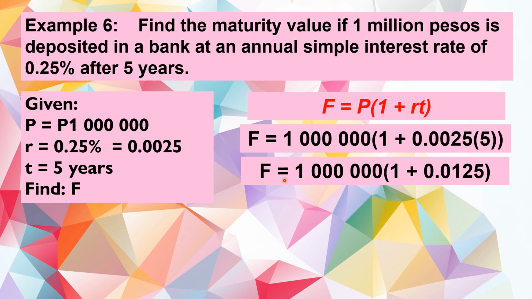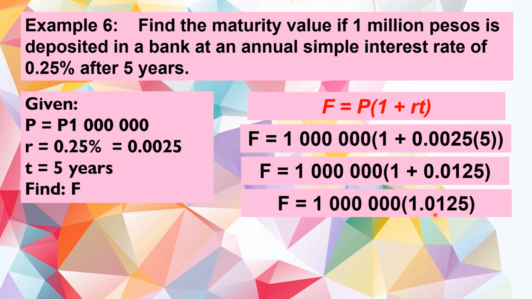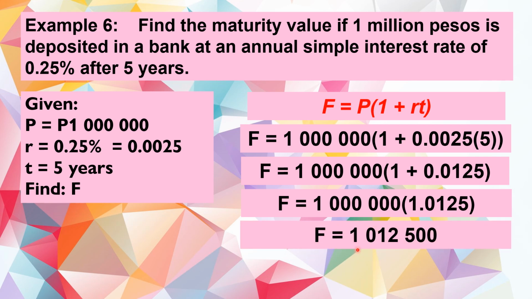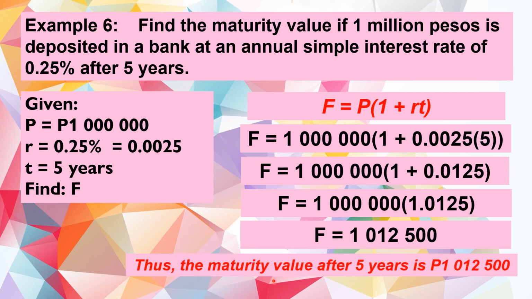So, I just copied F equals 1 million at yung 1 plus natin. Simplifying naman ito, 1 plus 0.0125, it is equal to 1.0125. Then, multiplying now 1 million to 1.0125, it is now equal to 1,012,500. Thus, the maturity value after 5 years is 1,012,500 pesos.